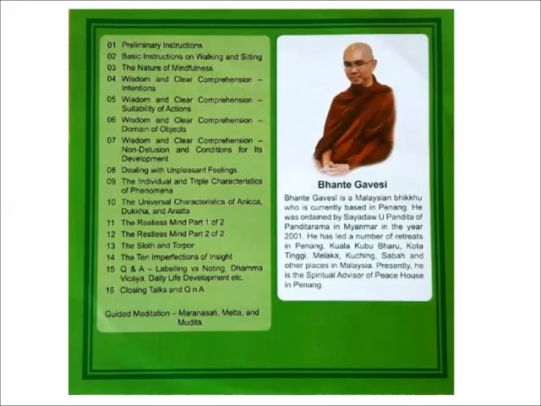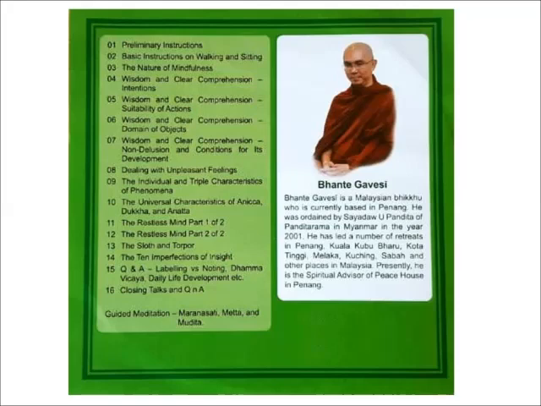Now, yesterday, towards the end of the talk, we began to differentiate, to begin to discern what are the suitable objects for vipassana and what are not the suitable objects for vipassana. Objects that can be directly known fall under the suitable objects.